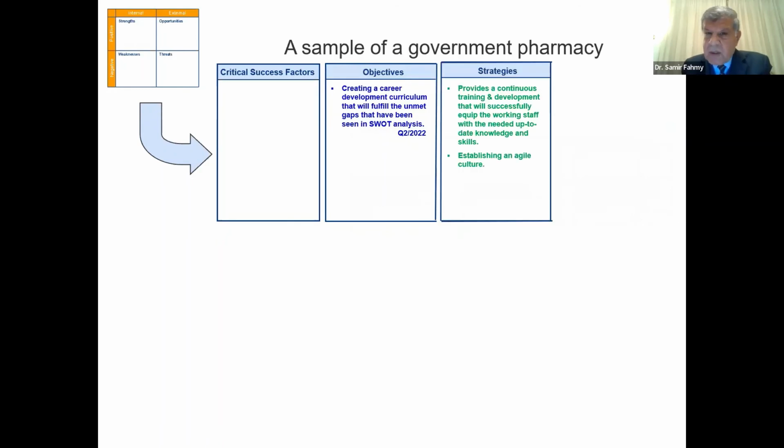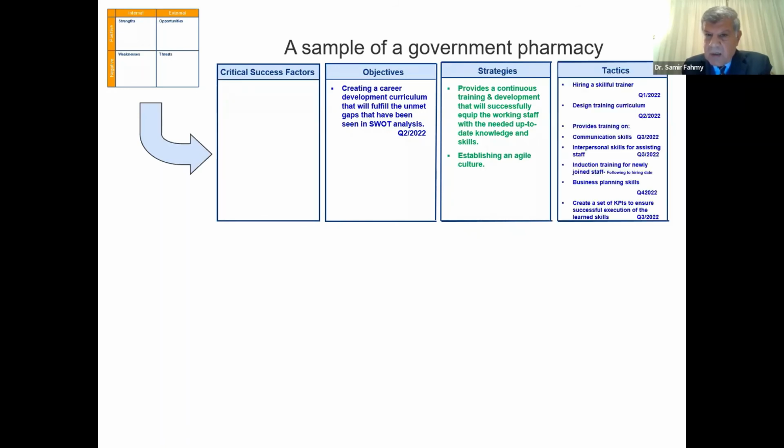You remember what we said about the objective, and then about the strategies, and then here we come to the tactics. Here I would say for a government pharmacy, you would start by hiring a skillful trainer. You will have your own training support, and this would happen in Q1 2022.